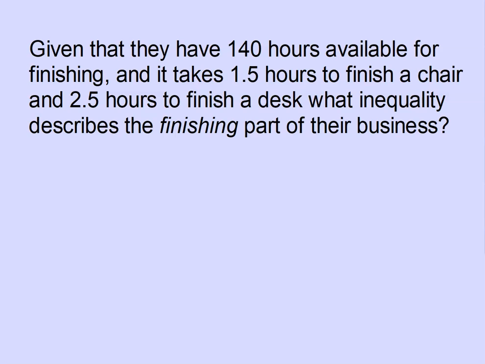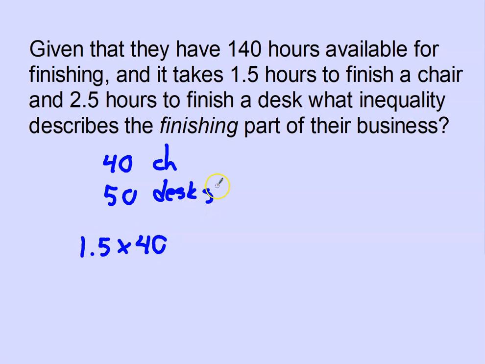Okay, well, we're going to do the same kind of thing. We're going to say, look, if you asked me about, say, 40 chairs and 50 desks, okay, I would do this. I'd say, well, what is 1.5 times 40 and 2.5 times 50?